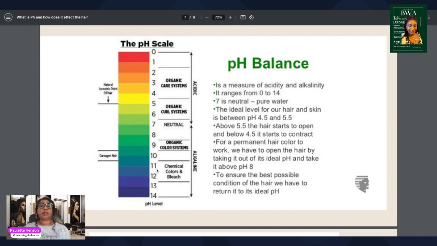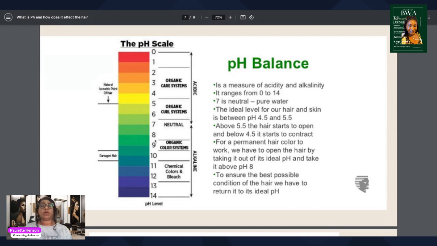And so once you complete this service, this is one of the items that I was speaking about. When you take your client back to the shampoo bowl, you cannot rough up the hair while shampooing because the hair is in a very tender state at this point. It has changed from 4.5 to 5.5 all the way to 8.